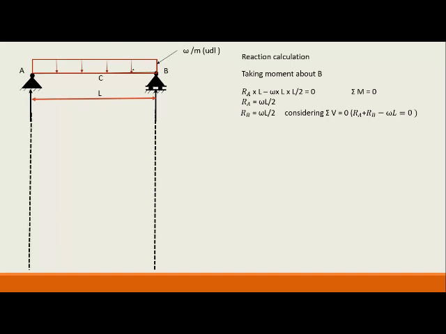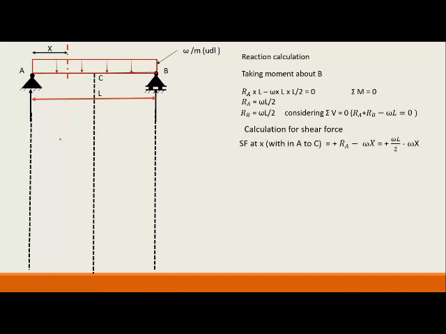So let us form the equation for the shear force. Consider a section at a distance of x from A. What are the loads? It is RA, which is positive, a left side upward force, and there is the load intensity diagram.